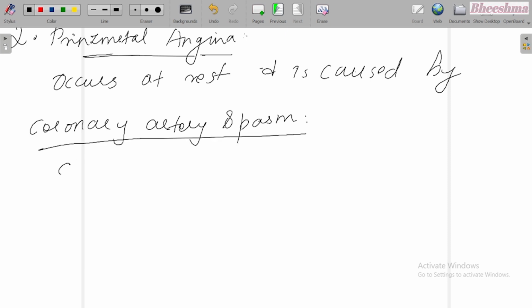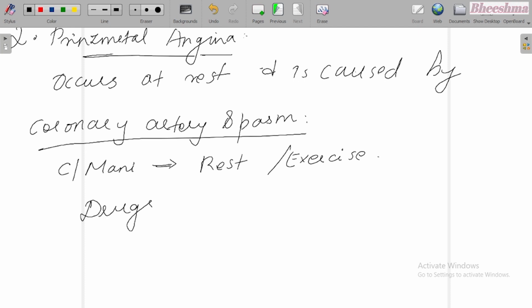The main clinical manifestation is rest pain. The treatment of choice drugs are nitrates, and the second one is beta blockers.